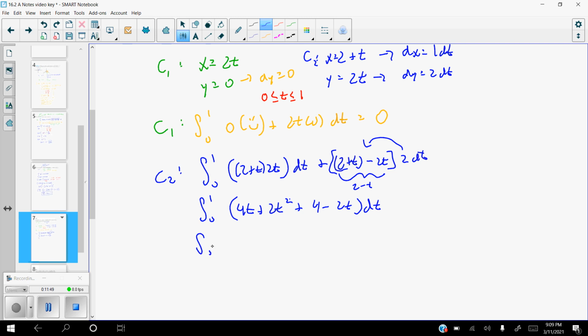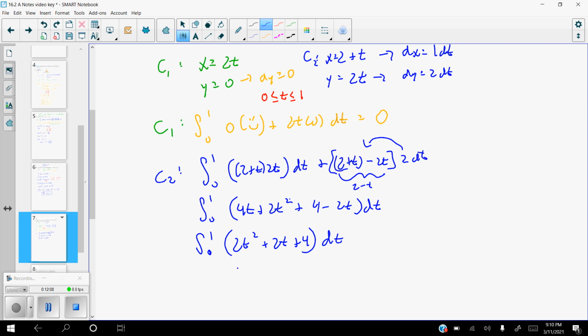Okay, let's simplify even more. I'm going to have 2t squared. I've got 4t minus 2t, which is plus 2t, plus 4, dt. Now let's take the antiderivative.